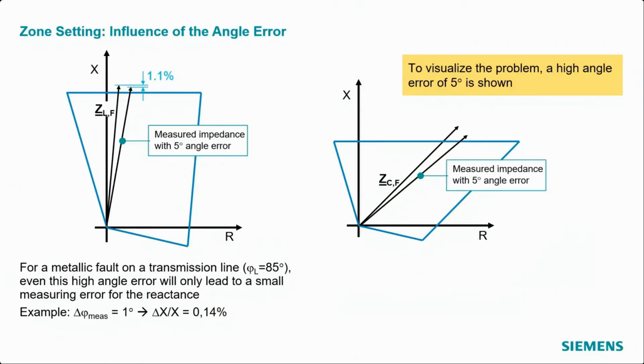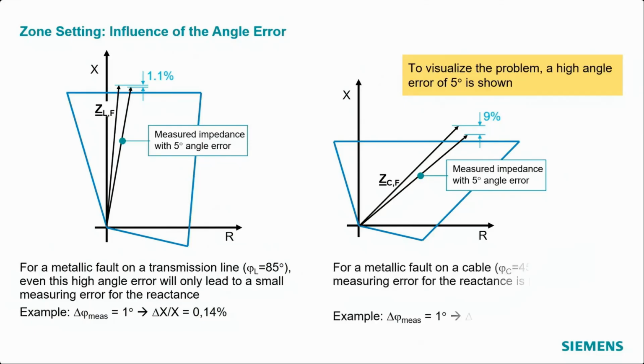And you see here, just because the line characteristic is 45 degrees instead of 85 on the left side, the reactance measurement error will increase. We have the same angle measurement error in both diagrams, but the resulting reactance measurement error is much higher.